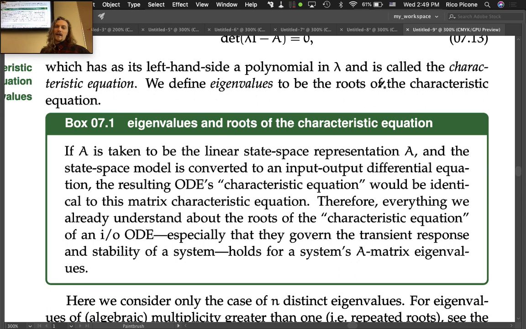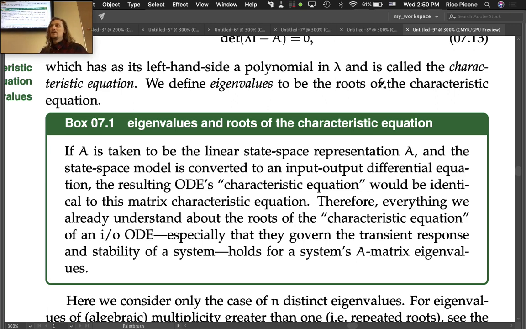Good. So therefore, everything we already understand about the roots of the characteristic equation of an IO-ODE, which is a lot, and I'll highlight two specifically, especially that they govern the transient response and stability of a system. We explored that in detail. Remember, the real part of the roots of the characteristic equation determines stability. And so the real part of the eigenvalues determines stability.